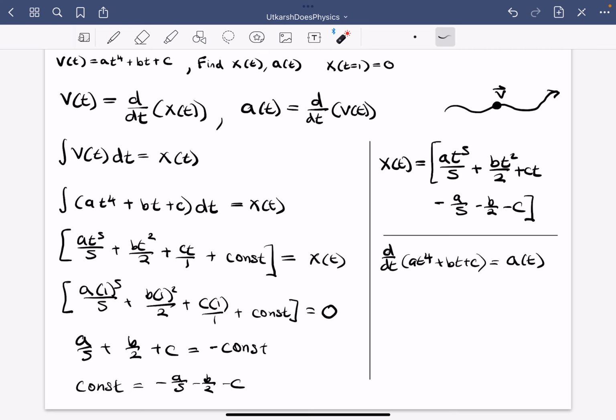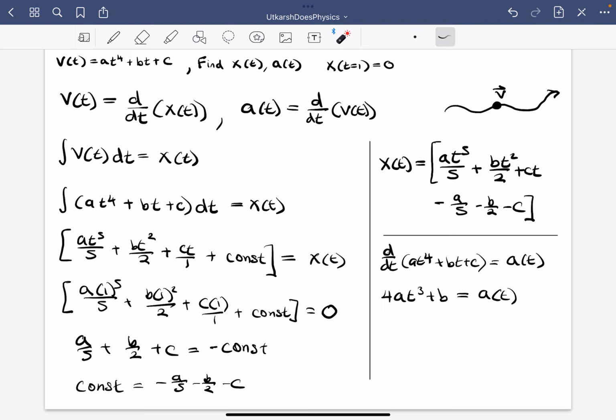So again, using the power rule, the 4 comes down, the t to the power of 1 comes down, and the constant goes away. So taking the time derivative, we have 4a t cubed plus b is equal to a of t. There you go. We have found both the position and acceleration of this particle as required.